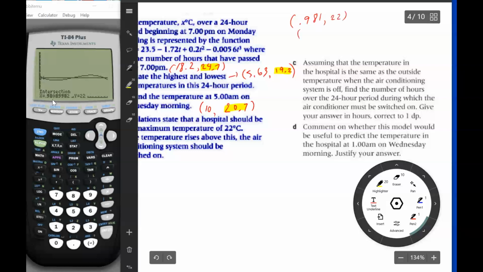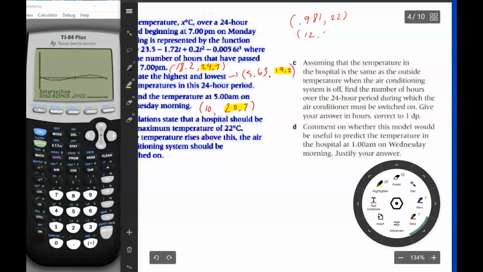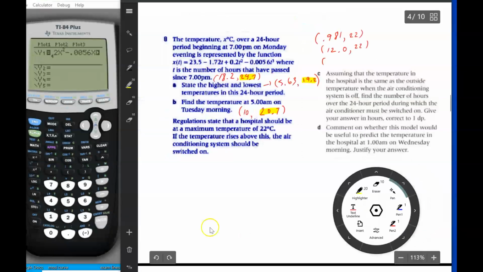The second intersection point, second calc, intersect number 5. First curve, second curve, guess. And we need to put the guess closer to the second intersection point if we want to know what the second intersection point is. The second intersection point is 12.0, comma 22, of course. Okay, and then the third intersection point.